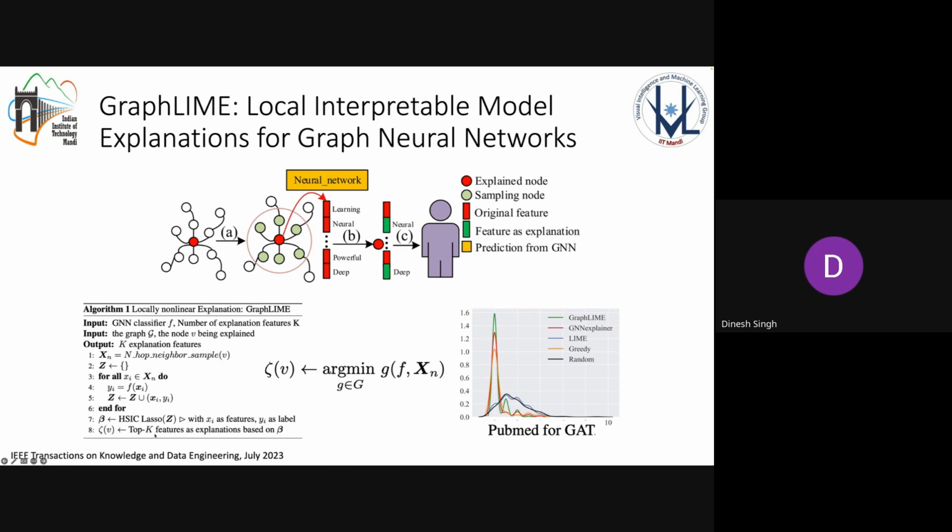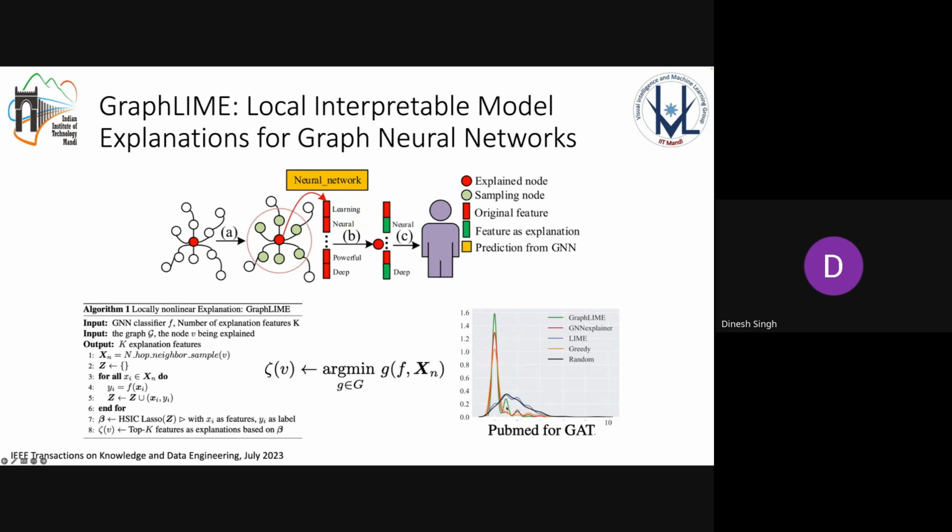Then we apply this nonlinear feature ranking method. We rank those features, and let's say the rank is represented through beta. This tells us whether a certain feature is relevant or just noisy, so we added certain noisy features there.